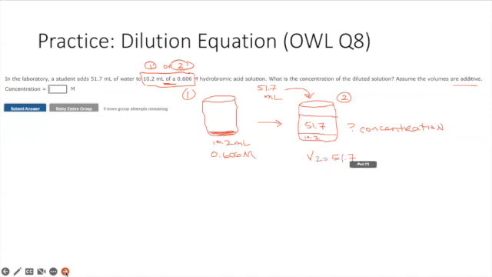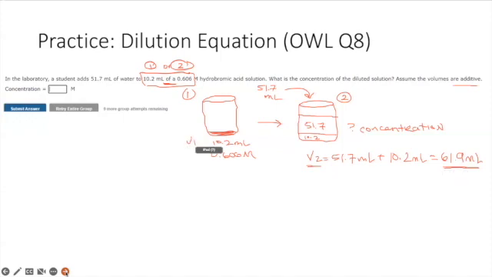They're both in milliliters, so we can go ahead and add them together. We don't need to do any kind of unit conversions. So 51.7 plus 10.2 is 61.9 milliliters. So my V2 is now 61.9.